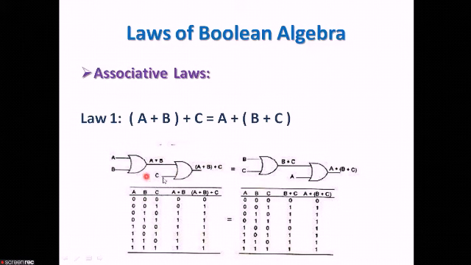This is the first truth table, of this logic circuit, where the expression is (A plus B) plus C. We are taking three variables A, B and C, and the other outputs are A plus B and (A plus B) plus C. Take the first case, 0 0 0, output is 0, again the output here is 0. 0 0 1, the output is 0 and here the output is 1. 0 1 0, output is 1 and here also the output is 1. 0 1 1, the output in case of A plus B is 1 and in the case of (A plus B) plus C is also 1.